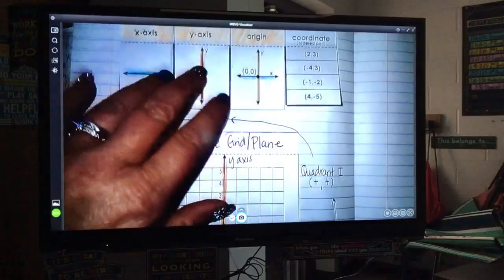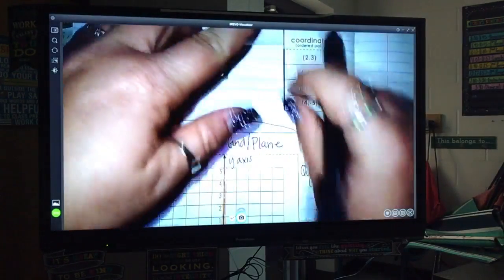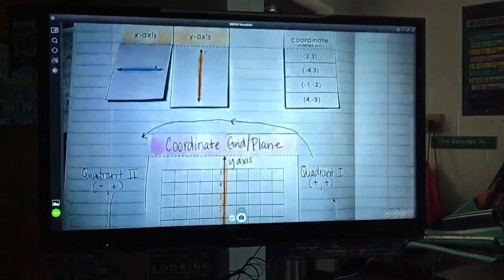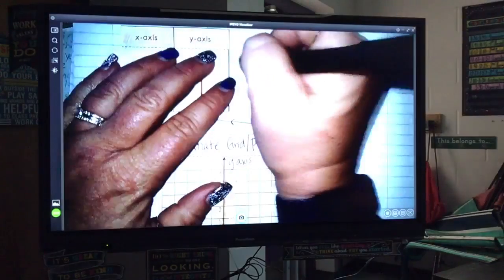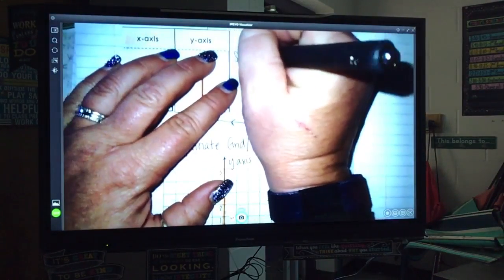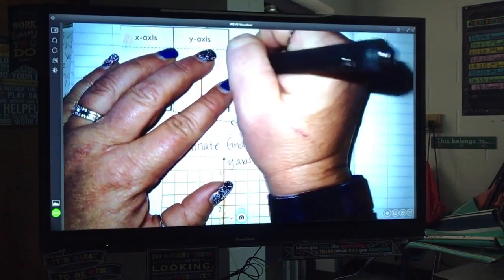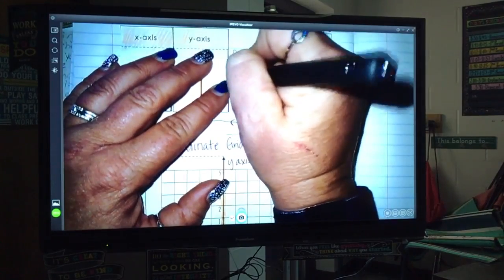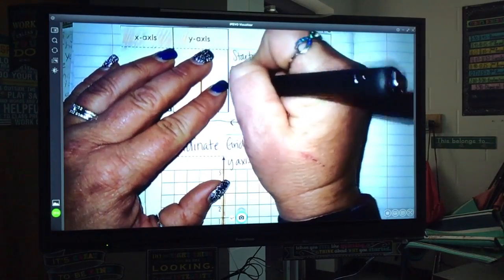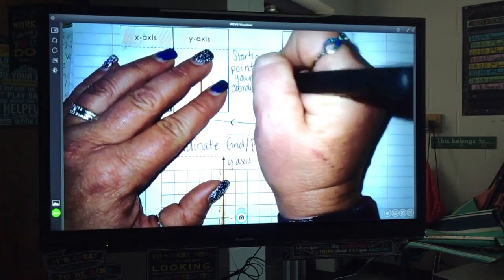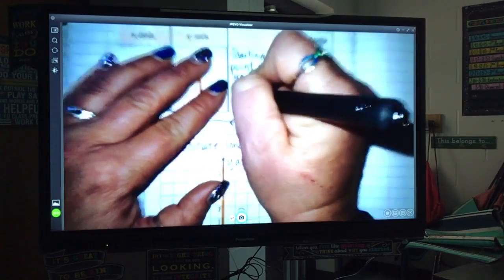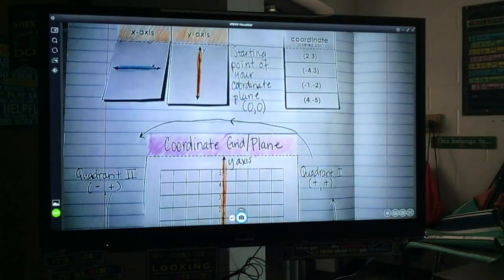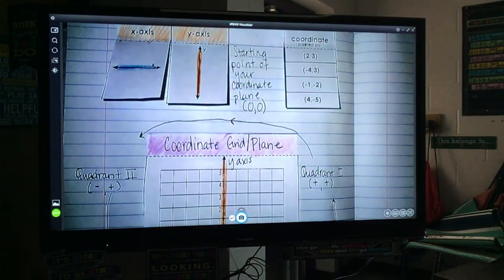Alright, so the origin is essentially the center or the starting point of your coordinate grid. So starting point of your coordinate plane, and the coordinates are 0, 0.